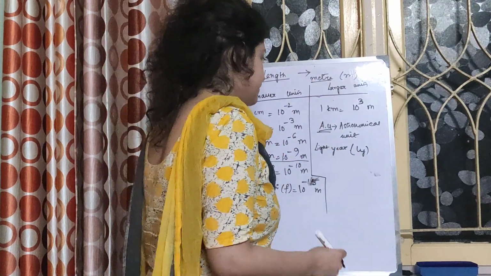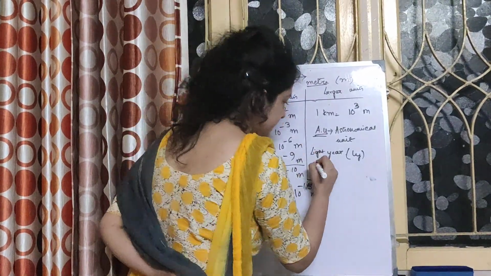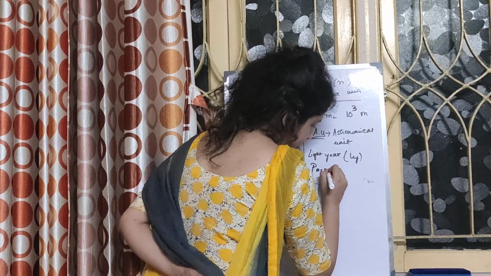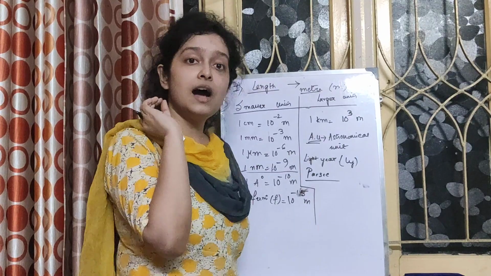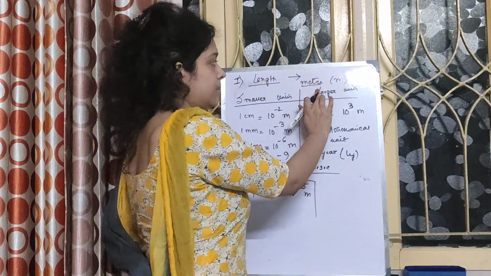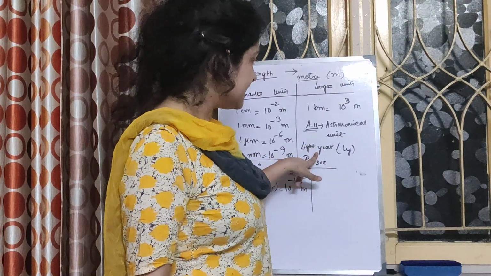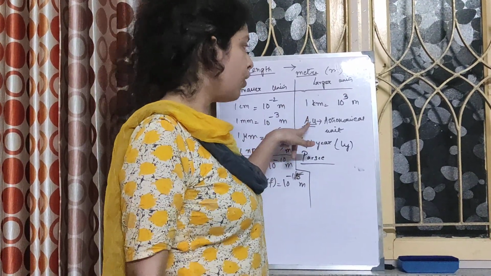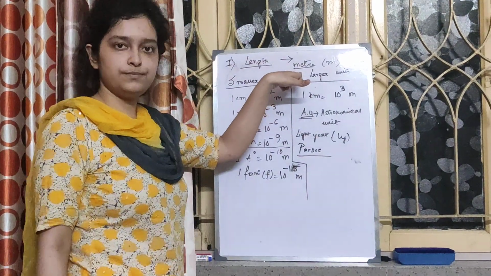Next you have, I think this was an objective in the previous class, parsec. Parsec is the largest unit of length. Now, parsec, light year, astronomical unit, these all can be converted to meter also.